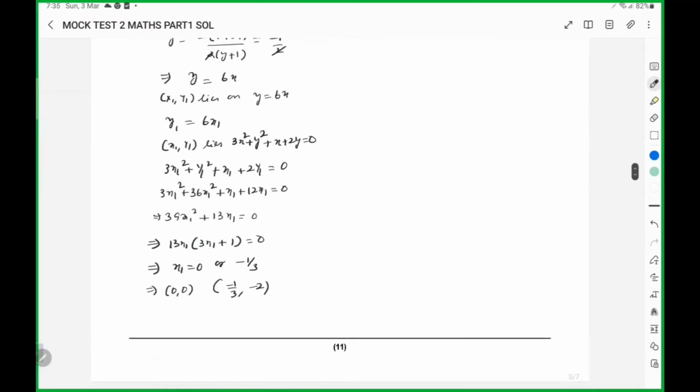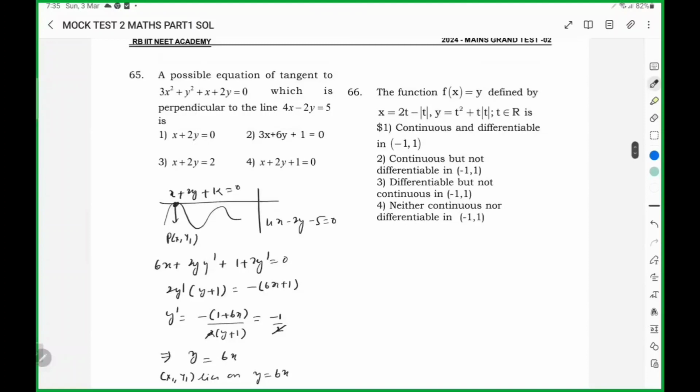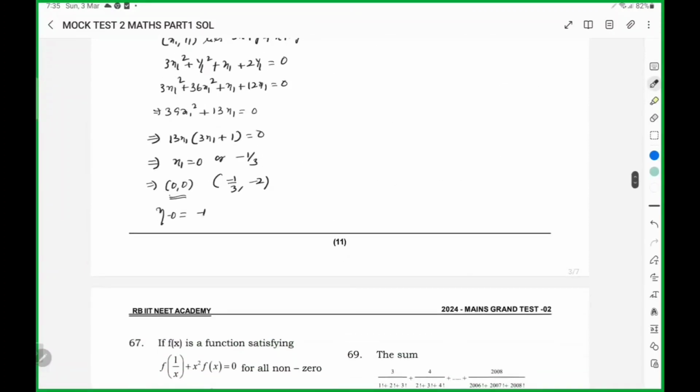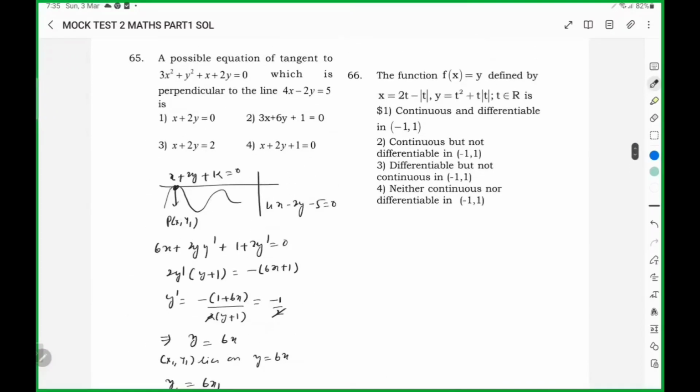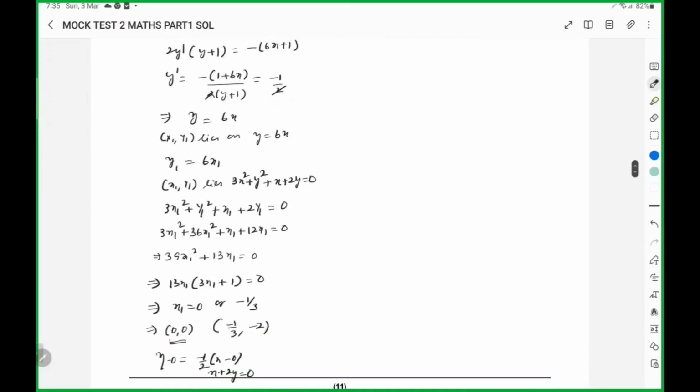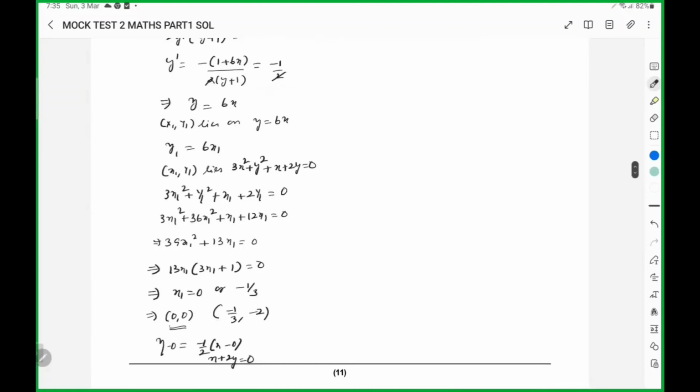So here point is 0, 0. Slope of this will be -1/2 into x minus 0. That is x plus 2y equals 0. One possible option. Let us see with other possibility. When x1 is -1/3, substituting here we get, this is the point.